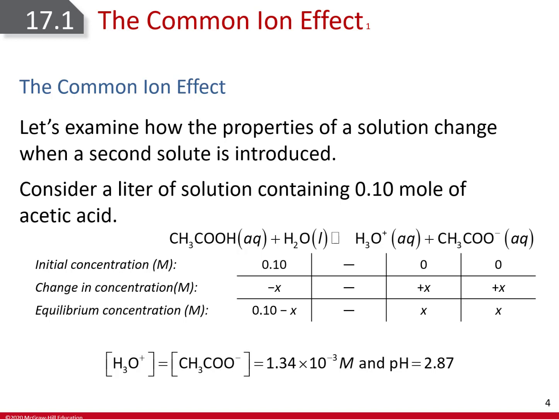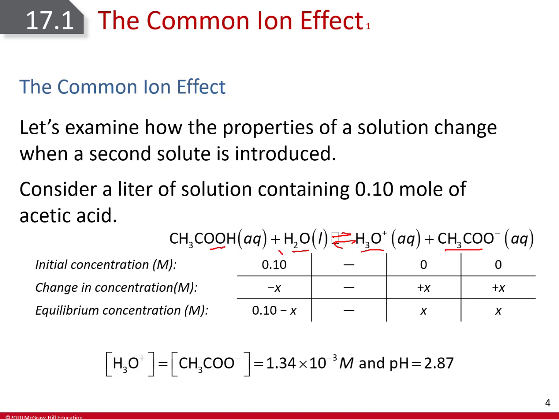So here we have a 0.1 molar solution of acetic acid. You know from the previous chapter that acetic acid is a weak acid and that this process is reversible. So acetic acid reacts with water, and again, the double-headed arrows are not showing up, and that forms the hydronium ion and the acetate ion.